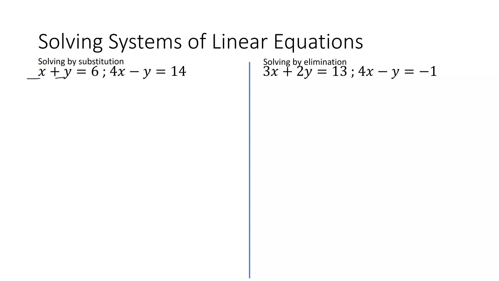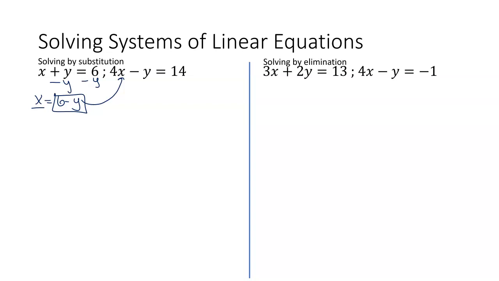Like in the case where my coefficients are 1. Super easy to get either one of those variables isolated. I could get x by itself by subtracting y, and then boom, I've already got an expression where one of my variables is isolated. Then what I can do is say, okay, well, if x has to equal 6 minus y, I can take 6 minus y and put it into my other equation.